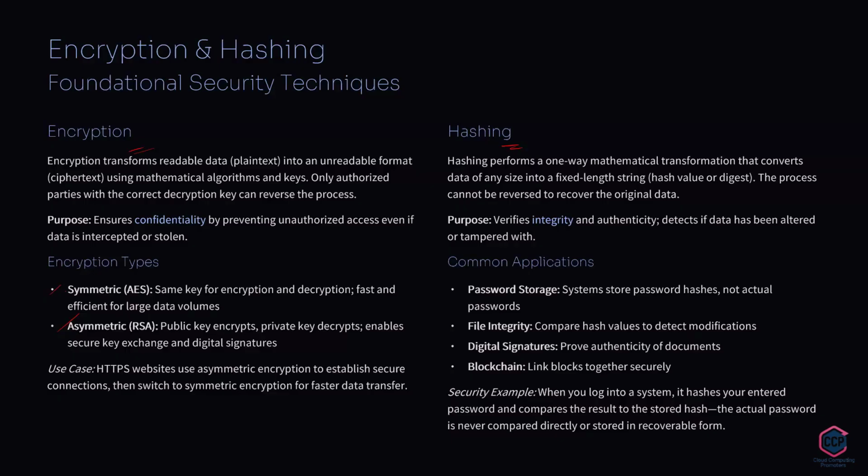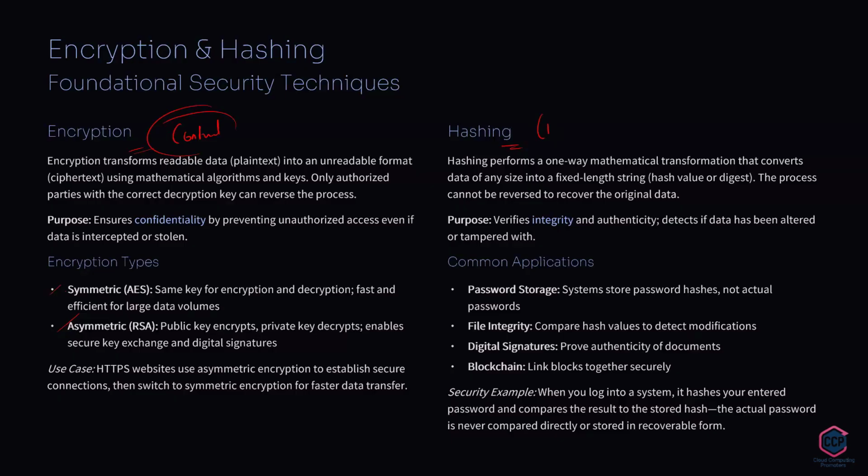As we discussed, encryption comes under confidentiality, so that the data stays confidential. Integrity means the data should not be tampered with.